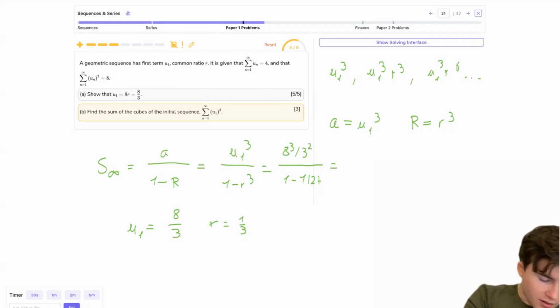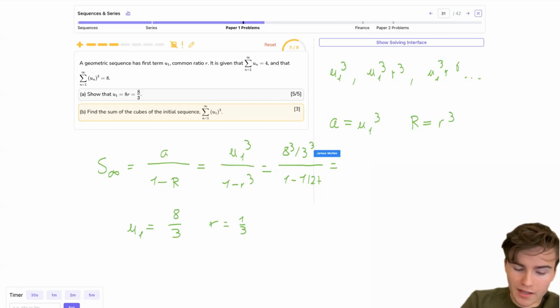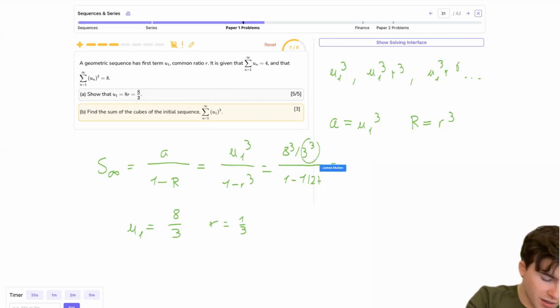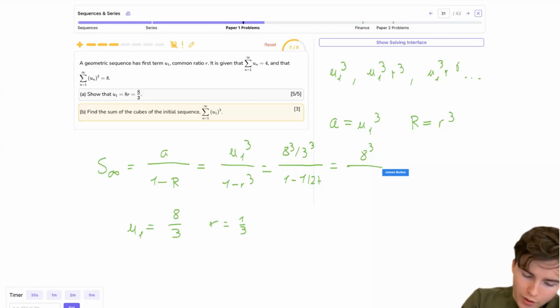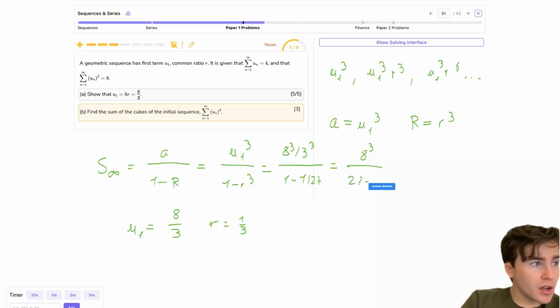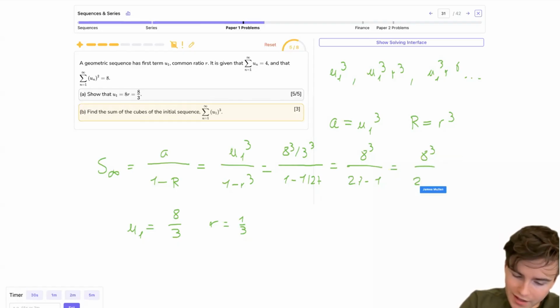And oops, I forgot up here, this is supposed to be a 3 cubed, sorry. Multiply both the top and bottom by 27 to cancel the over 3 cubed and the over 27 here. So I'm going to get 8 cubed over 27 minus 1, which is equal to 8 cubed over 26.